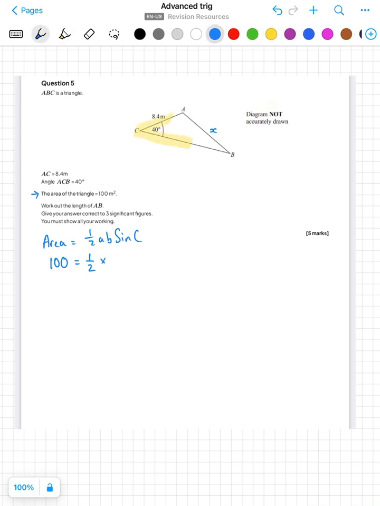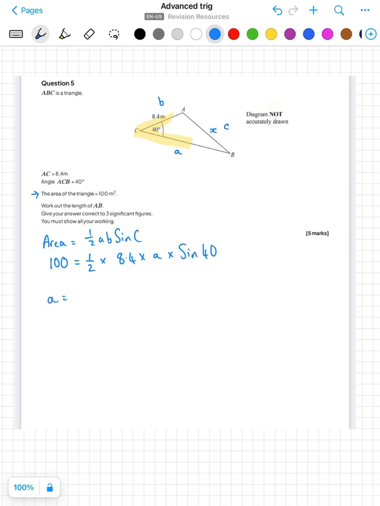So that's side A, that's side B, that's side C. So a half times 8.4 times our A times sine of 40 equals 100.